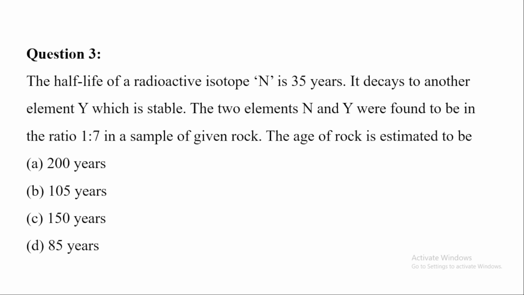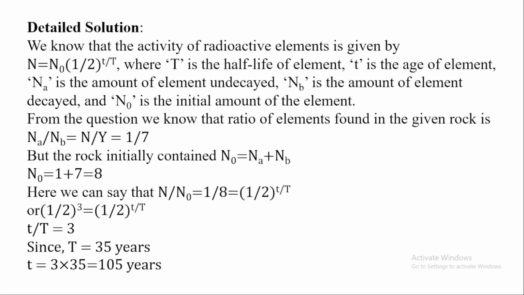So in the question, if you see, they have given two elements N and Y were found to be in the ratio of 1:7 in the given rock. So in that rock, there is an element called N. That N is decaying into Y. So at a particular given time, the ratio of N to Y is 1:7. That's why N divided by Y is given as 1:7, 1 by 7.